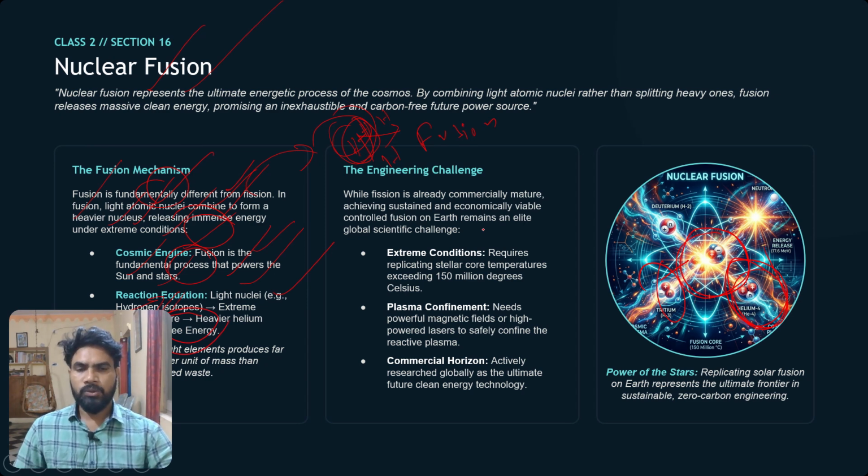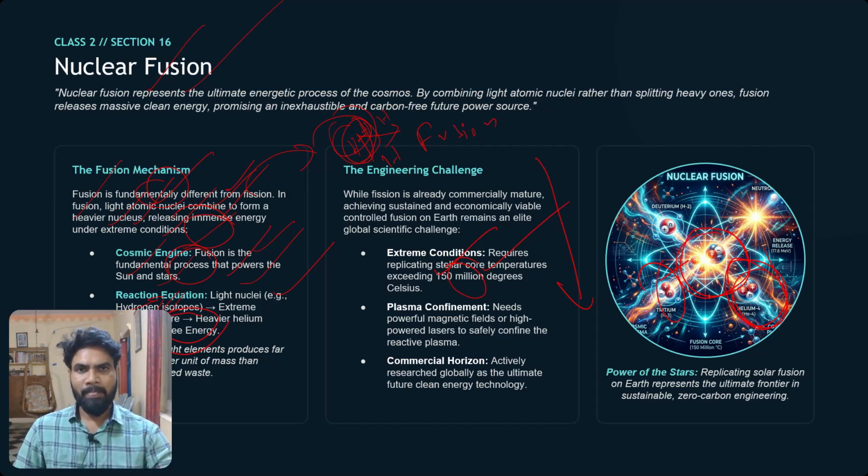To mimic that fusion on Earth, until now we have not done it. We are experimenting. We are trying to do it. First, we have to create extreme conditions. Nuclear fusion requires replicating the stellar core, temperatures exceeding 50 million degrees Celsius.